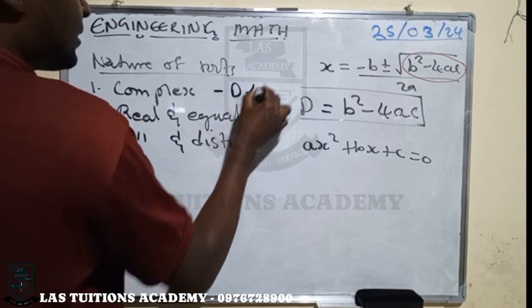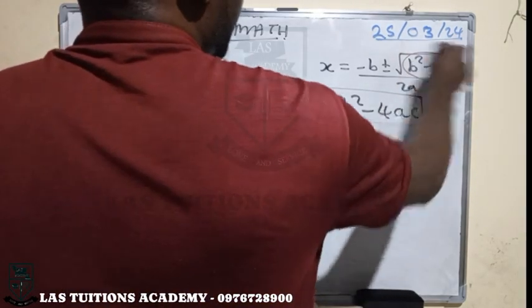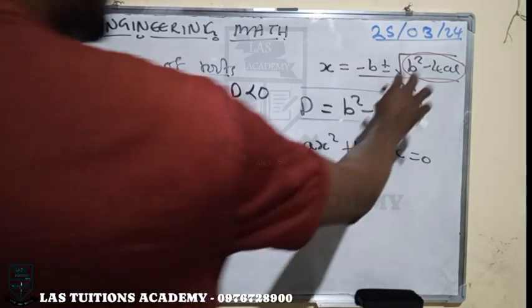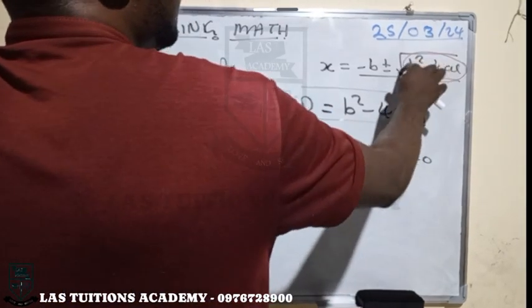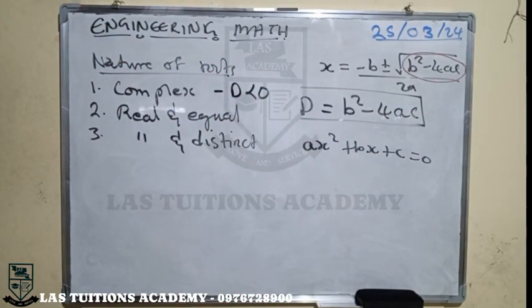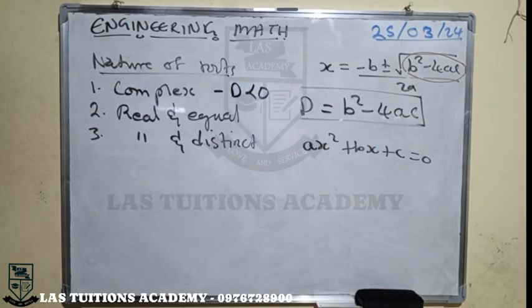The moment you get a D that is less than 0, it means you have a negative number inside the root. That's what gives you a complex root, because that one is not real. You cannot find a real number which has a negative inside the root. So when you work that out, you're going to get a complex root. Because of the negative inside, you need to form the j and so on.